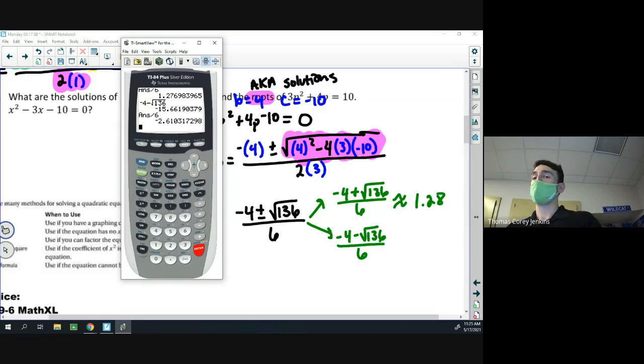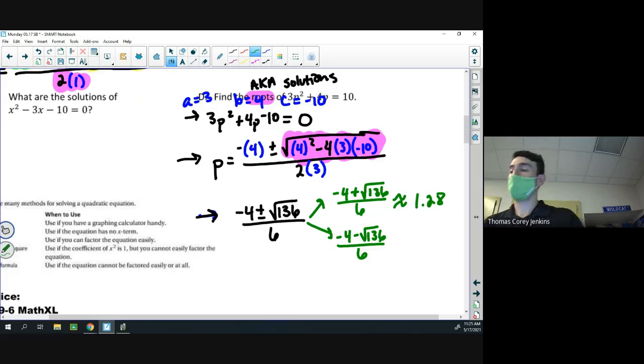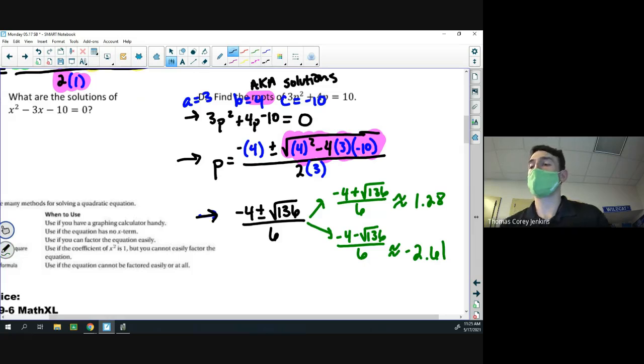And we get a number that's between negative 2.61 and negative 2.60. So we would say it's about negative 2.61. And so those are my two solutions.